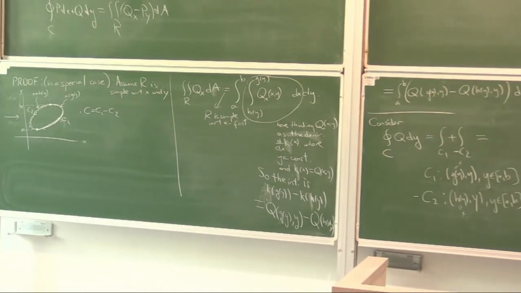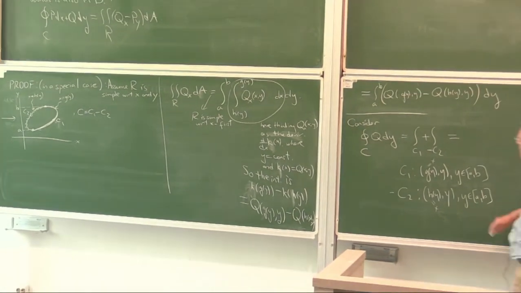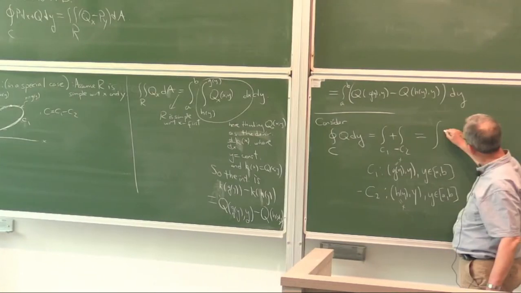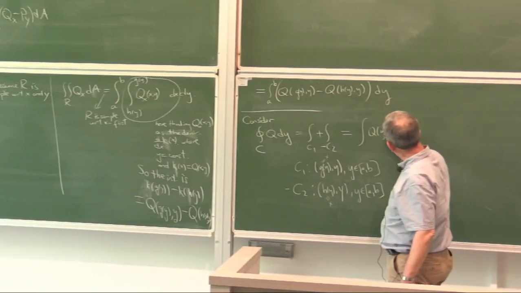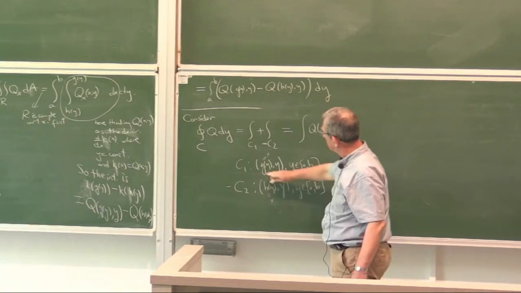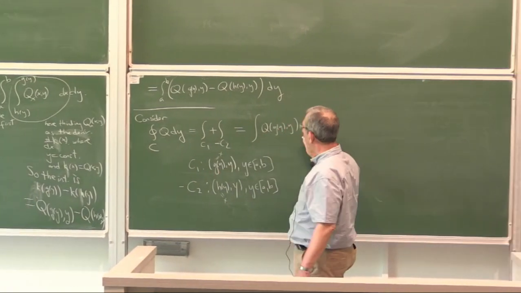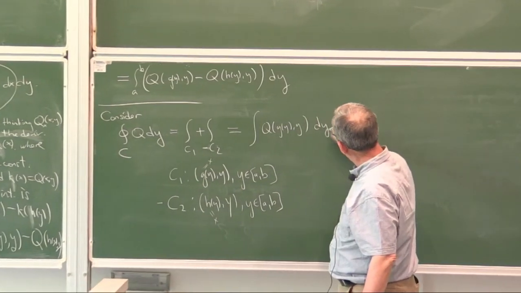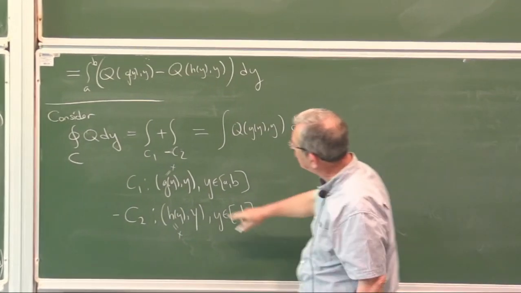Now, using this parameterization in both integrals, for the first integral I have q of g of y, y, dy, and y changes from A to B.